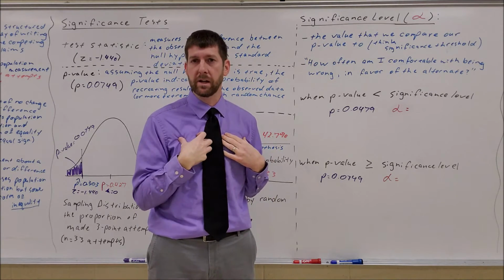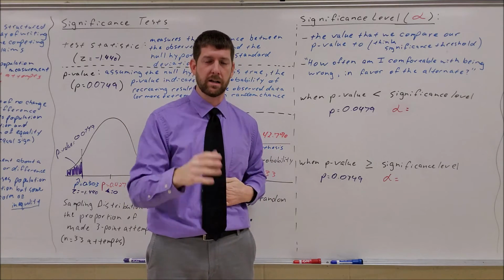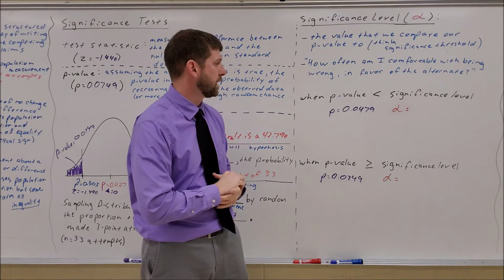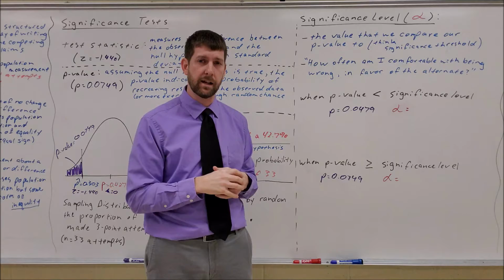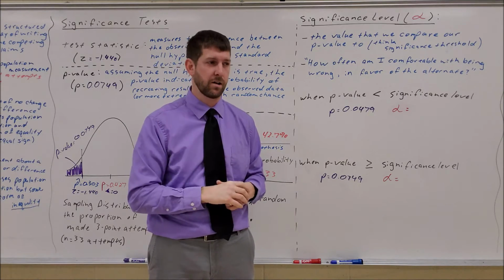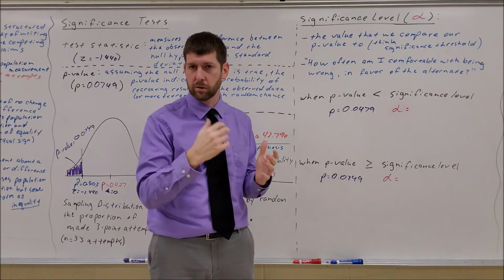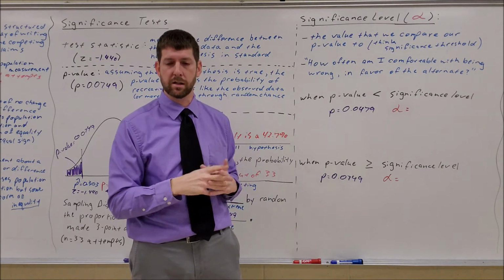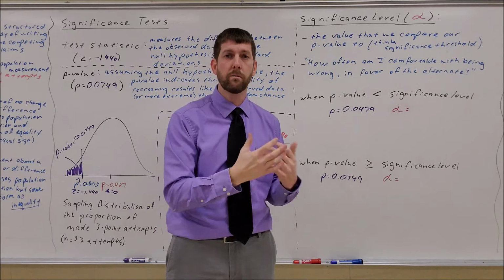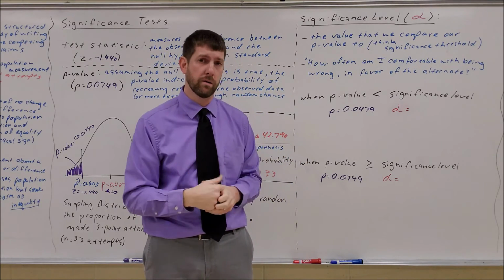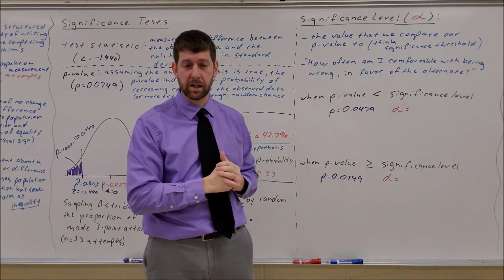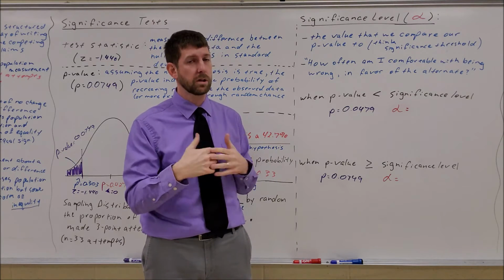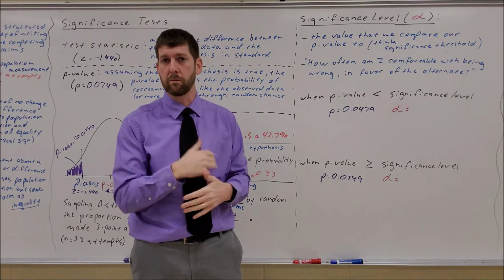I'm only being okay making these changes if I'm wrong 5% of the time. Things that are life and death, maybe vaccine trials, or big government decisions, maybe in those cases we need to be 1% significant or 0.1% significant, meaning that if we're going to make this change, we better be really, really sure that we're not going to be wrong by making the change.